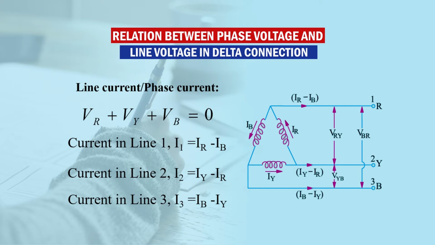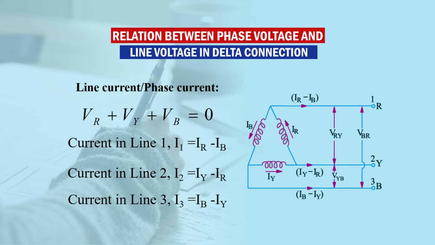So here you can see that the voltage across phase R can be written as V suffix R. Voltage across phase B can be written as V suffix B. Voltage across phase Y can be written as VY. And here you can also notice that because there are 3 phases R, Y, B, the voltage between R and Y can be written as V suffix RY.